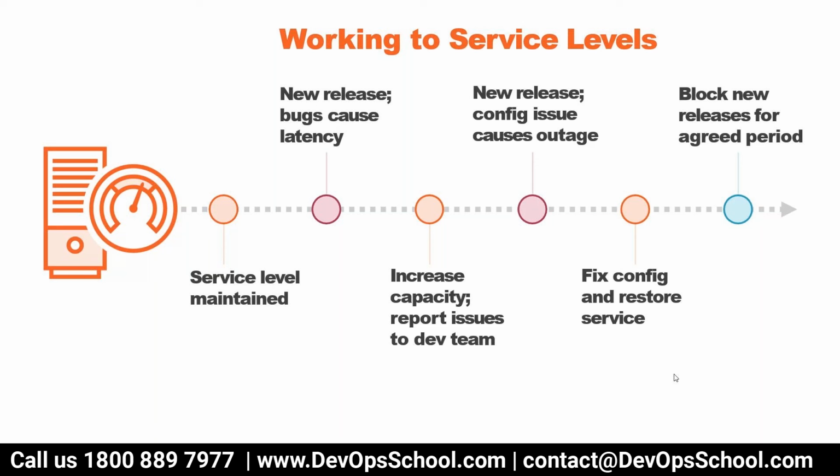Again, some new release has come, which has some config issues, create outages. What you did, again, you did config and restore the services, right? So these are the things you did manually. And after that, you realize that there's new changes, which is compromising your stability. So you block new releases for agreed period, right? So this is one of the incident.